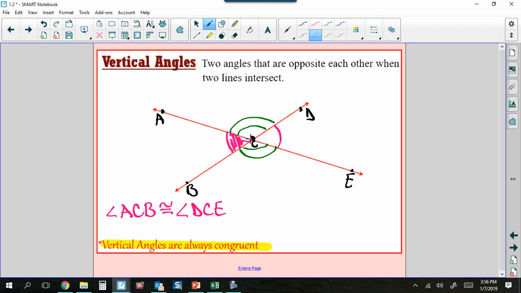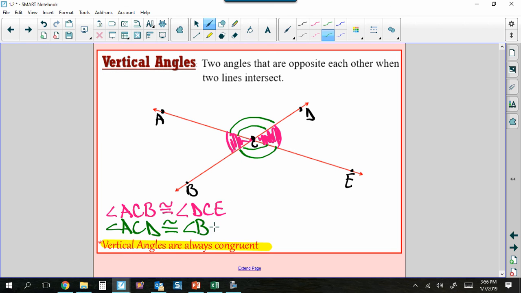We know it's going to be the same measurement as its vertical angle, which is right over here on the opposite side of that vertex, which would be angle DCE, because here's D to C to E. So those two angles are vertical to each other, therefore they are the same measurement. And then the same could be said for the other pair, angle ACD, which is ACD right here, is going to be exactly the same measurement as angle BCE, which is this angle down here on the bottom.